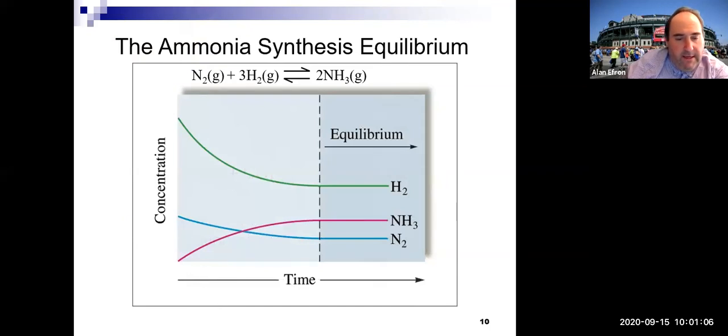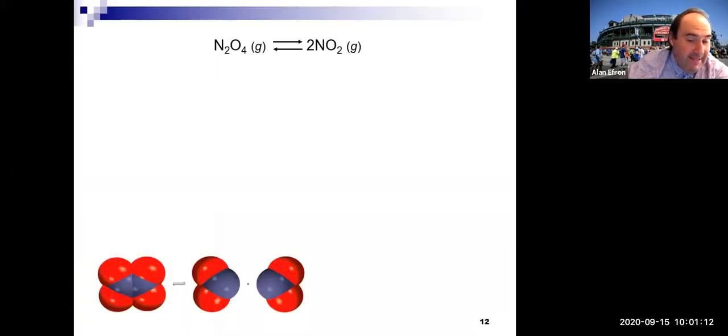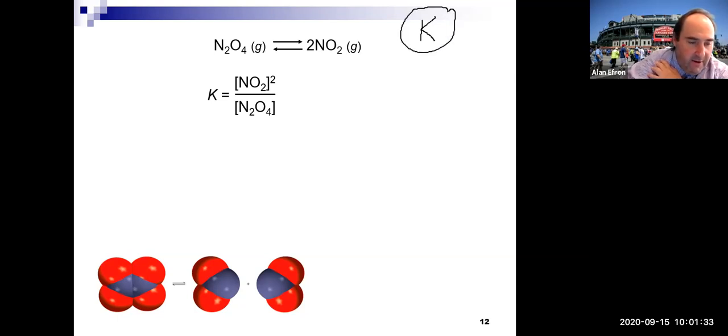All right. That graph again, in case you missed it the third time. Let's actually talk about the equilibrium constant and its application. The equilibrium constant is a relationship that you can write for a reaction that's reversible and reaches equilibrium. The equilibrium constant is capital K, not lowercase k, which is our rate constant from the previous chapter.